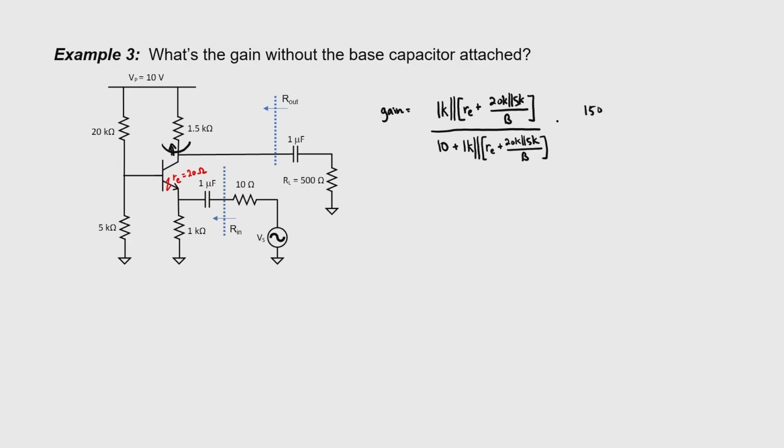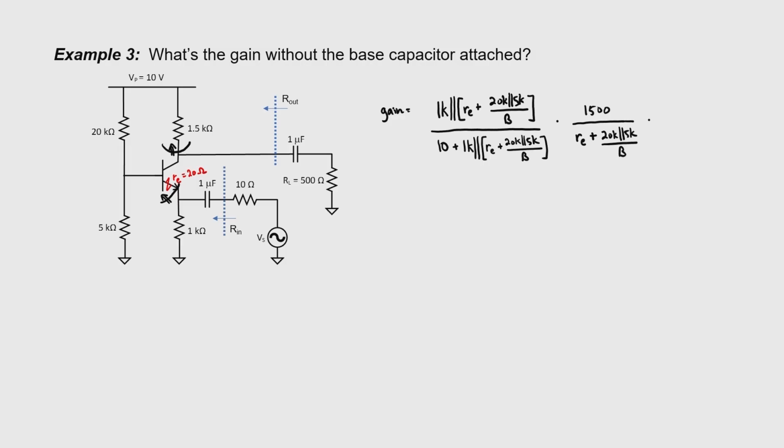Now for our gain segment, I need to include in my numerator the resistance attached to the collector, 1.5 kiloohms, and in the denominator, I need to include the resistors looking up the transistor. In this problem, that's little r sub E plus my base resistances reflected over to the emitter.